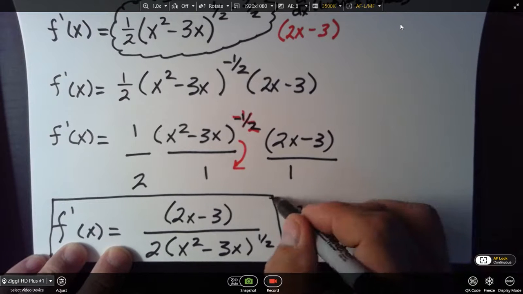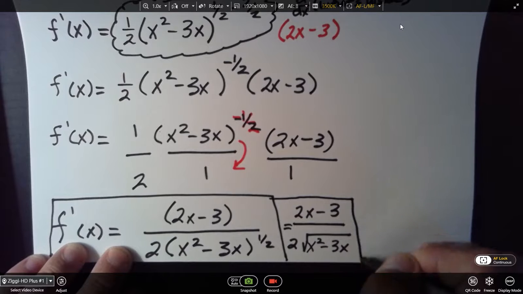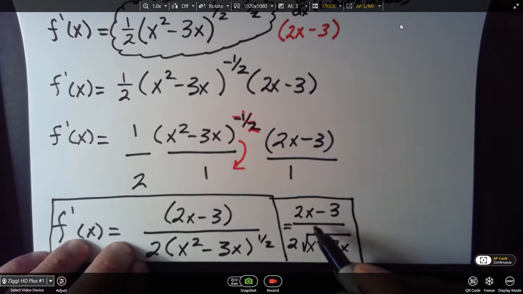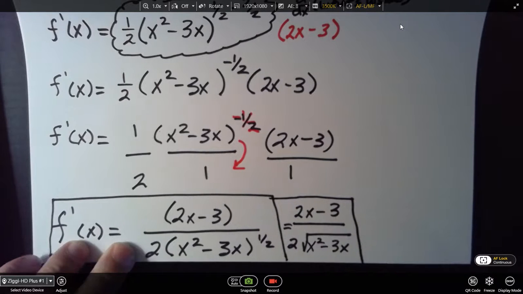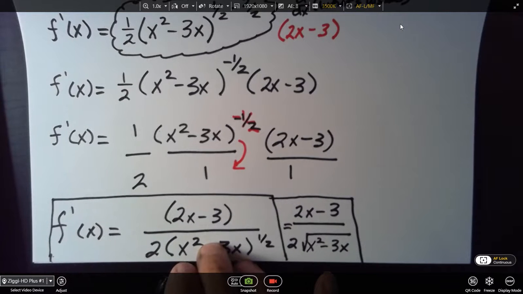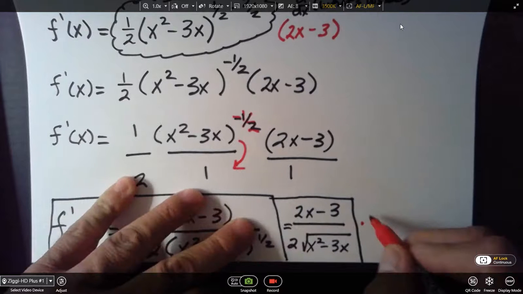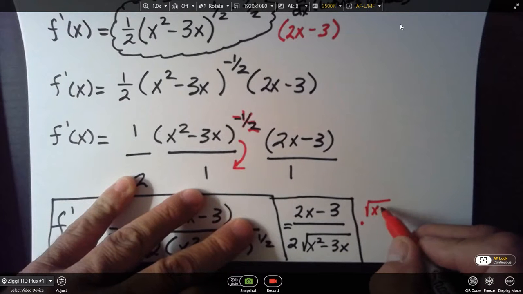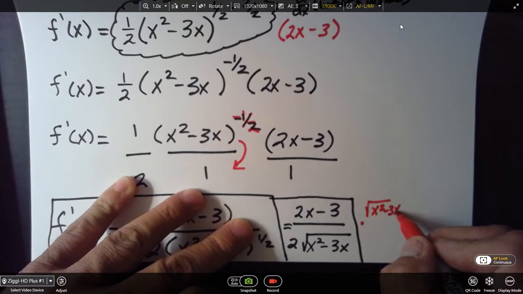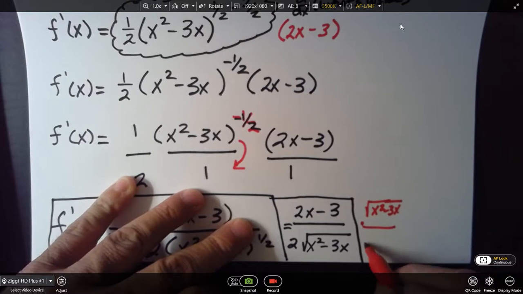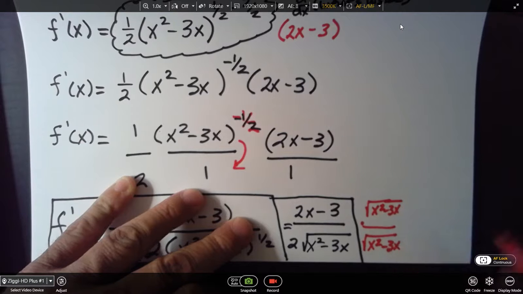Well, what if they want it rationalized? If they want the denominator rationalized, then you've got to multiply by the square root over the square root. And we'll do that in red. That would be multiplied by the square root of x squared minus 3x over the square root of x squared minus 3x.